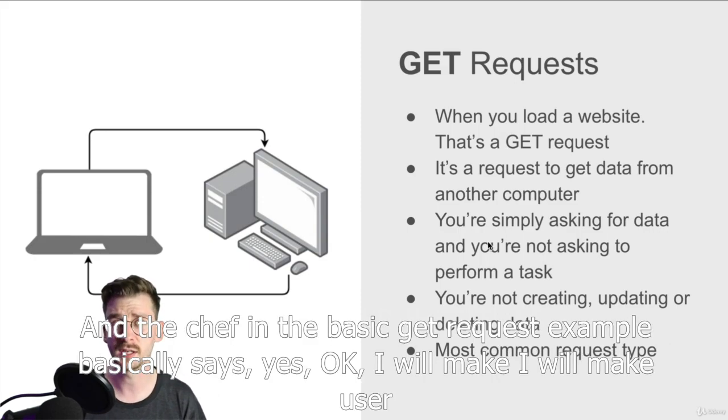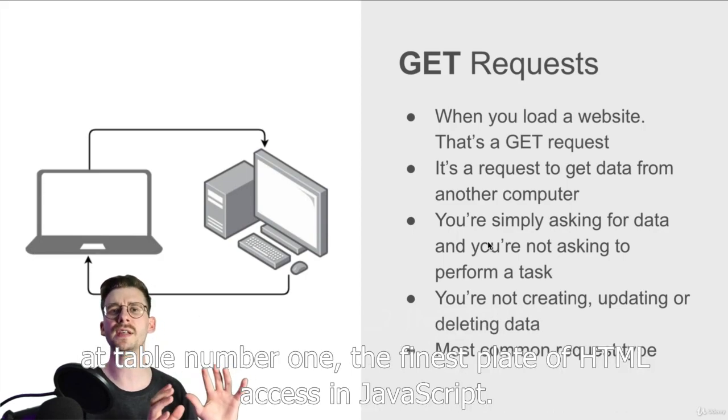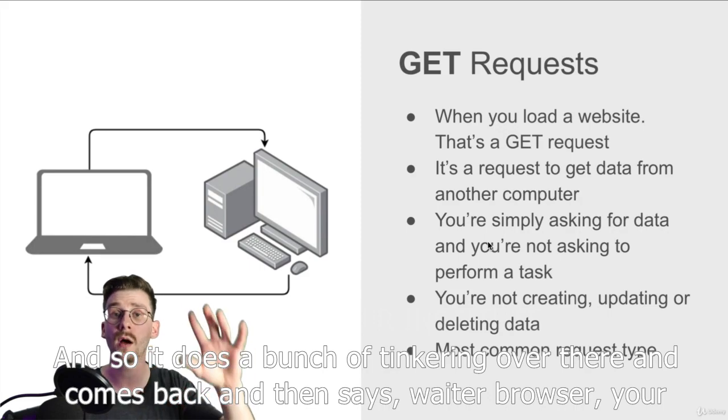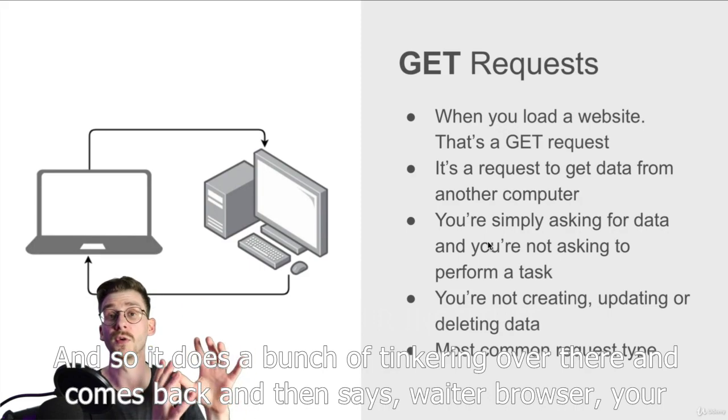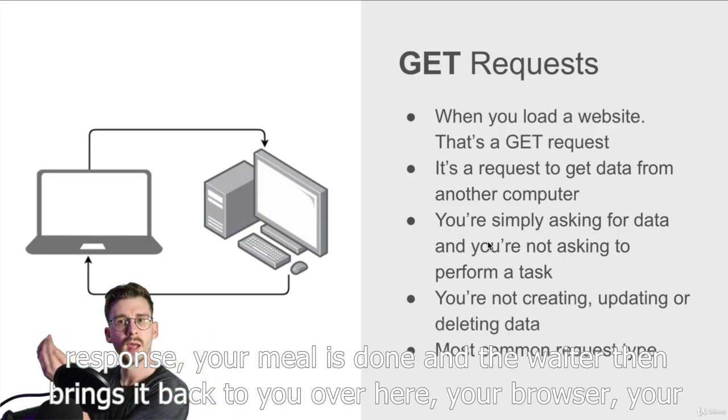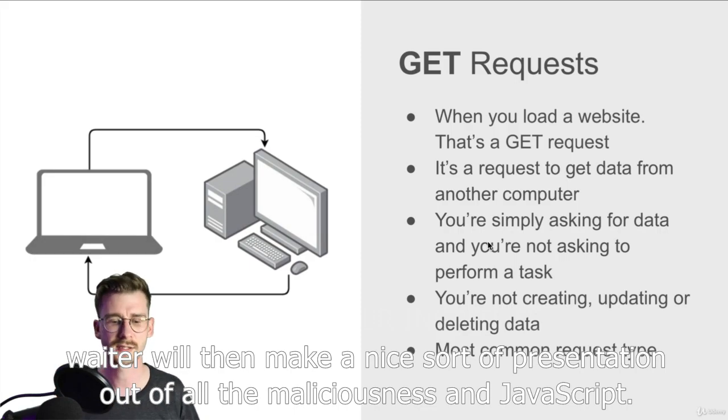And the chef in the basic GET request example basically says, yes, okay, I will make the user at table number 1 the finest plate of HTML, CSS, and JavaScript. And so it does a bunch of tinkering over there and comes back and then says, oh, waiter, browser, your response, your meal is done, and the waiter then brings it back to you.